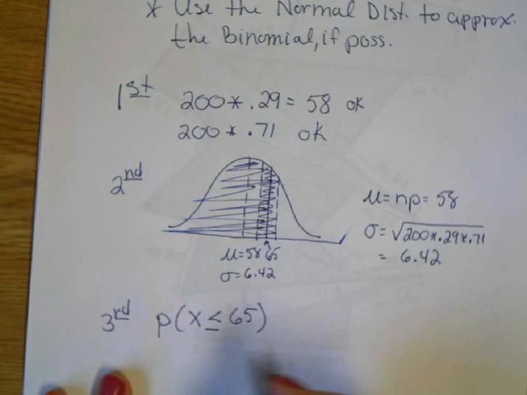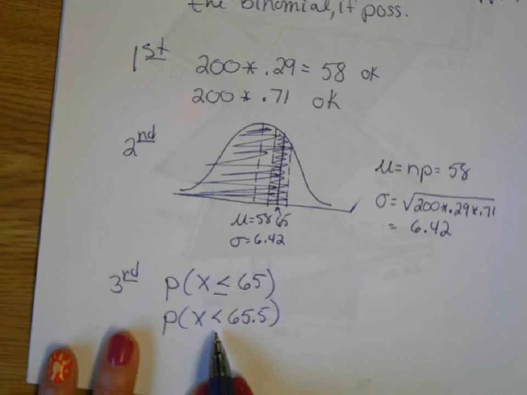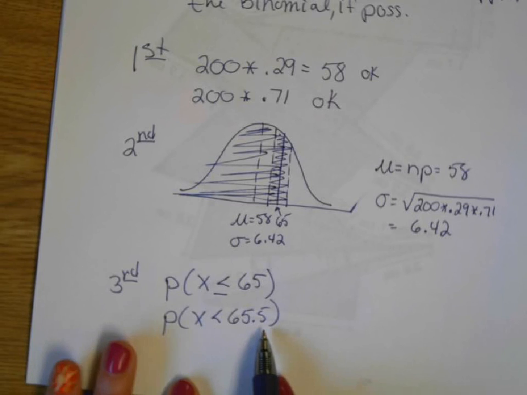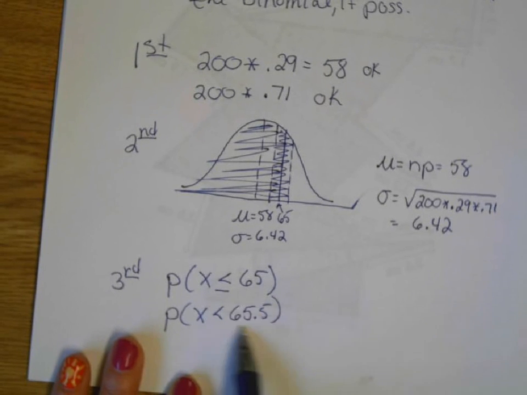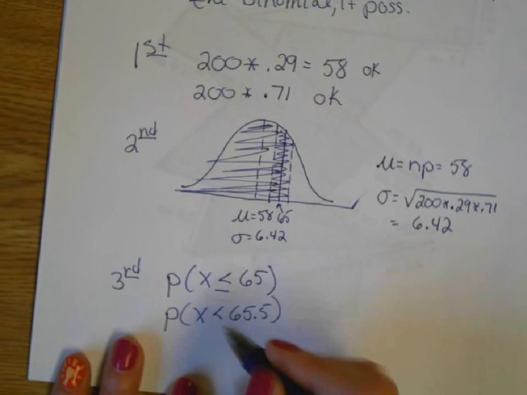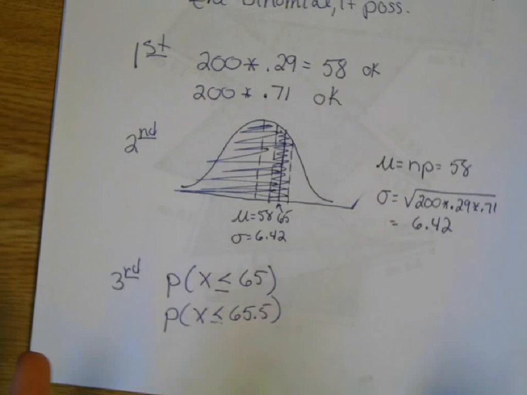So we're going to correct that 65 and make it 65.5. And I'm not putting the equal to, because it doesn't matter. We're going to change that to the z-score no matter if I put less than or equal to in there. I won't mark that wrong. Okay, now we're ready to turn 65.5 into a z-score and then use our table.